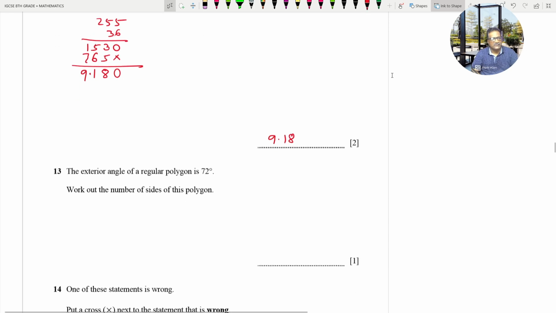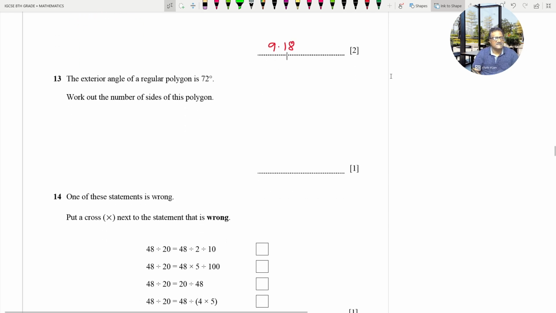That was the 12th question. Now the 13th question: the exterior angle of a regular polygon is 72. Work out the number of sides of this polygon. For a regular polygon, 360 divided by the number of sides of the polygon is always equal to the exterior angle, isn't it? This is the formula. The exterior angle they have already given you, 72.